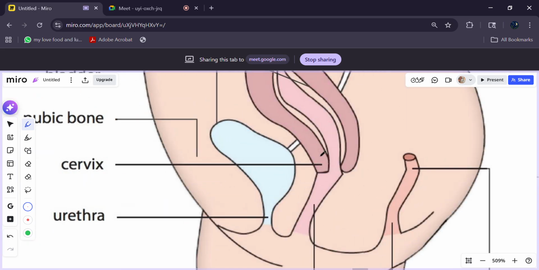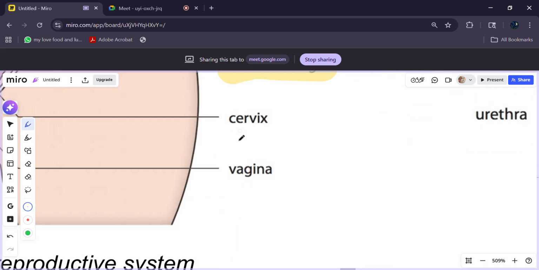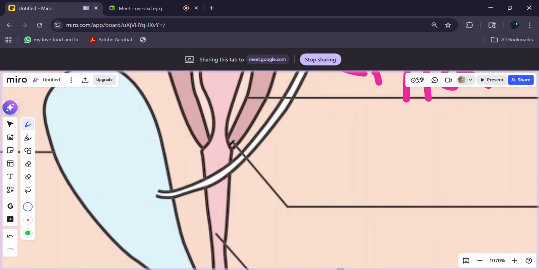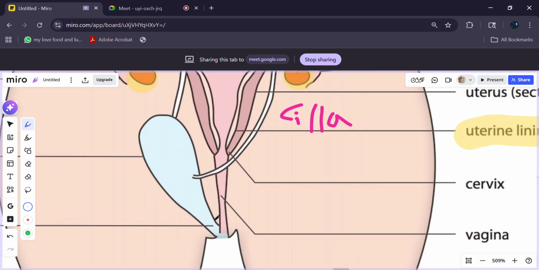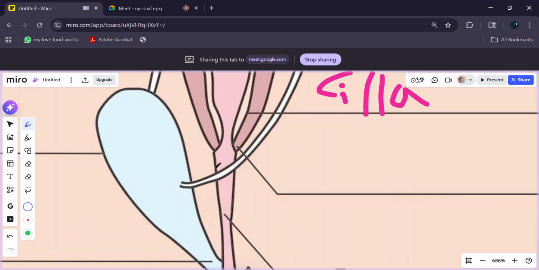The cervix is right here. Now, what is the cervix and what does it do? The cervix is the lower portion of the uterus where it joins with the vagina. Here's the vagina. This entire part is the vagina.